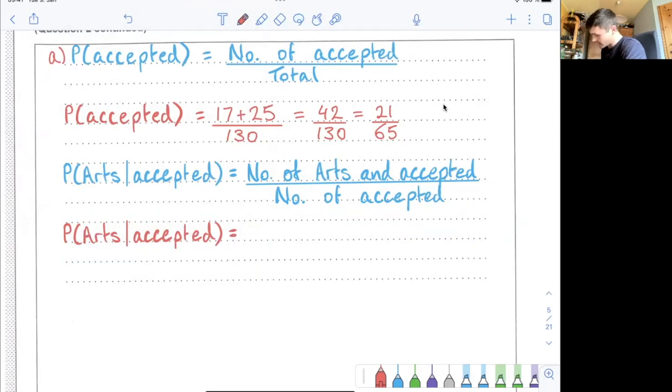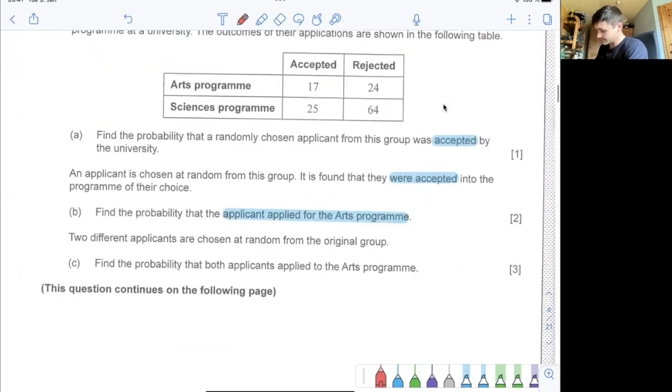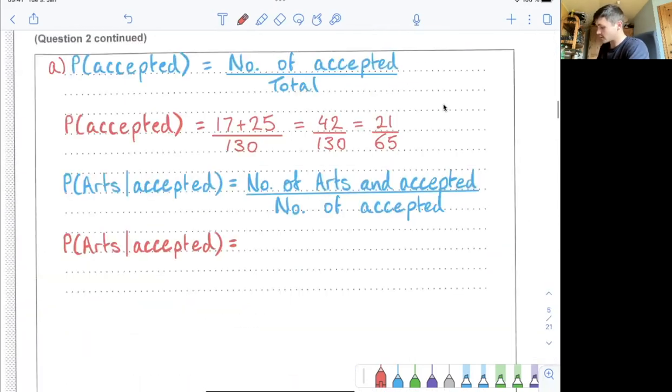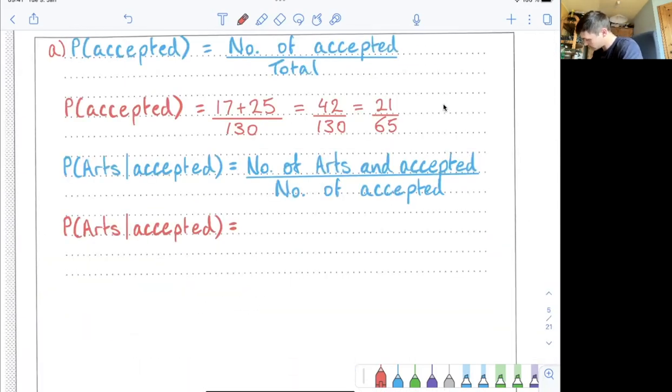Okay, so the number of arts applicants that were accepted was 17, and the total number of accepted applicants was 17 plus 25, which we solved in the last question, but I will write it fully out. So we'll say 17 divided by 17 plus 25, which equals 17 over 42. Now we can't do any simplifying with that, so we'll just leave it like that.